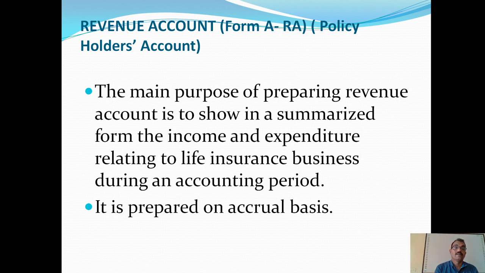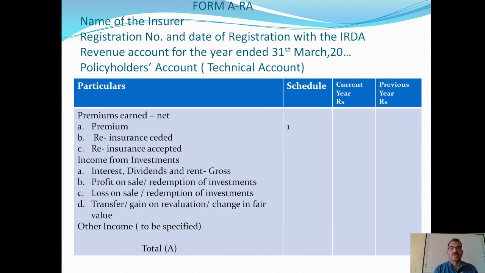Okay, now the format of the revenue account. Heading: Form A RA. Name of the insurer, registration number, and date of registration with the IRDA.